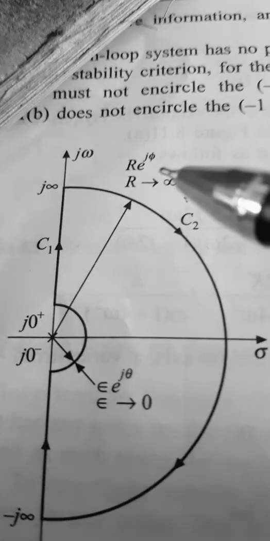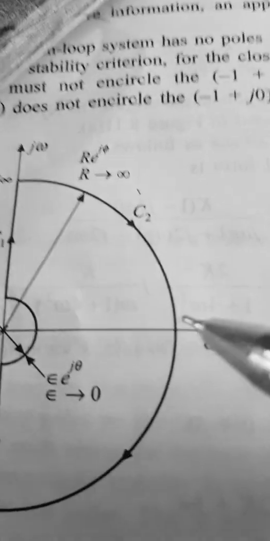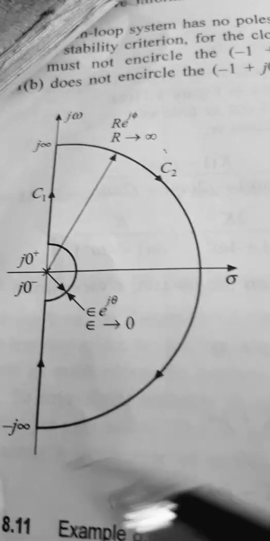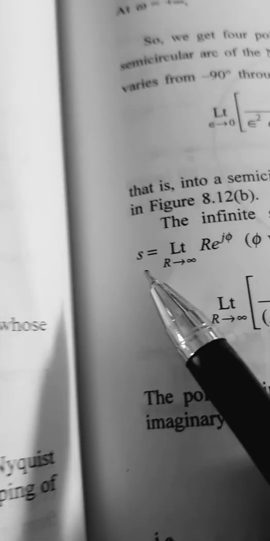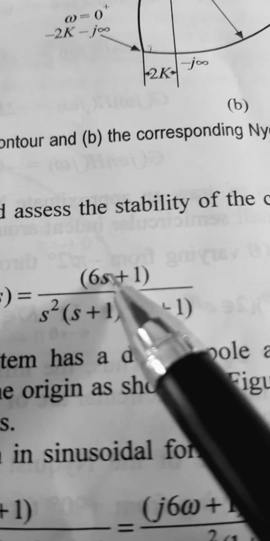Here, very carefully, see that theta varies from plus 90 to 0 to minus 90. The angle representation is like that. So you have to substitute in your expressions wherever s, R e to the power of j theta.